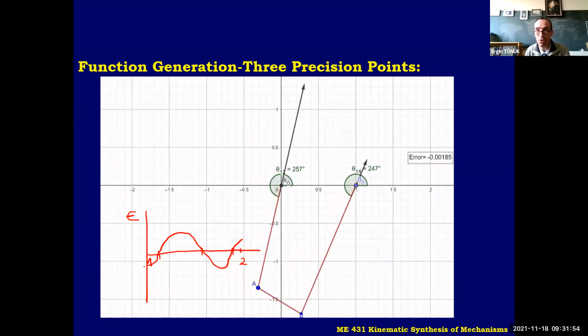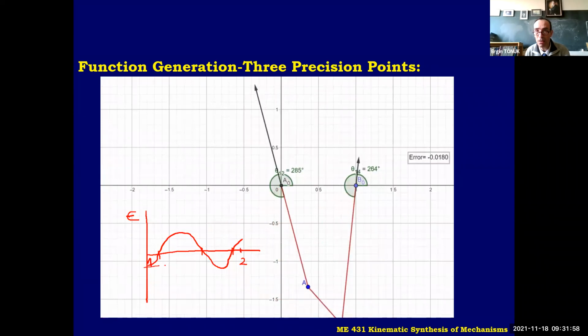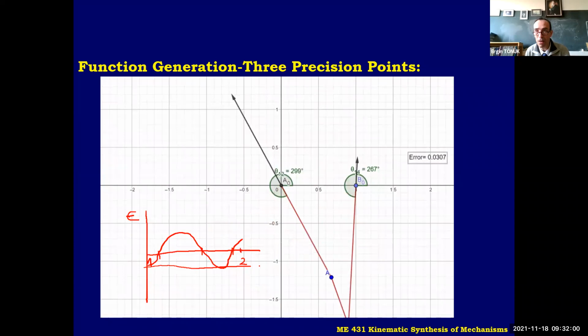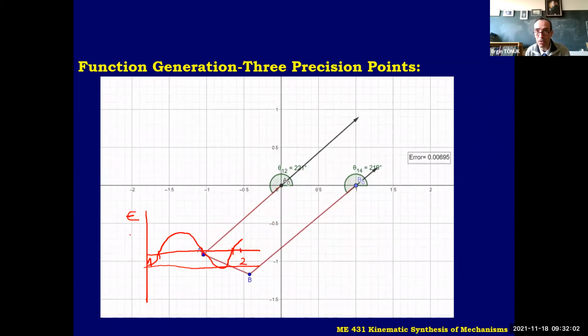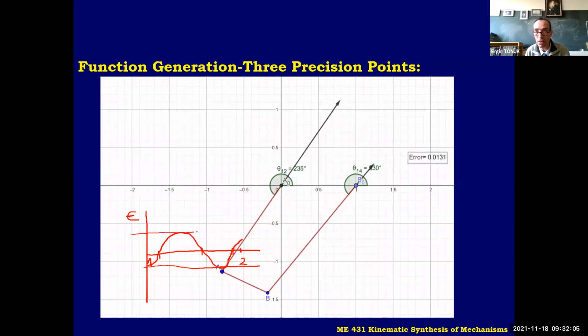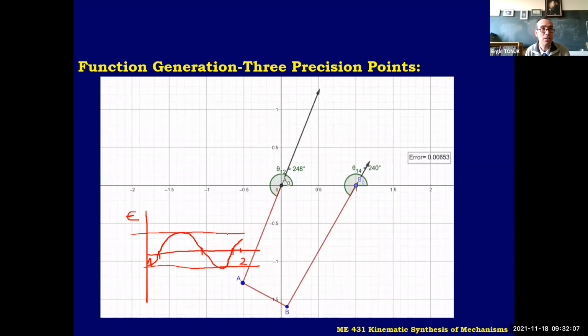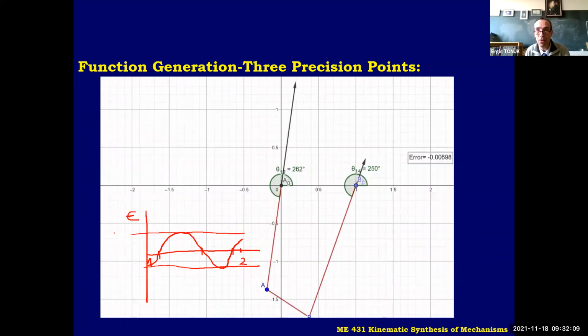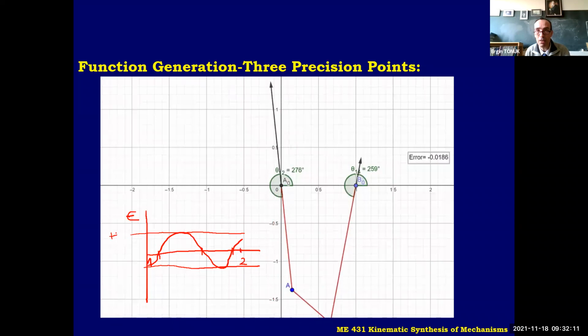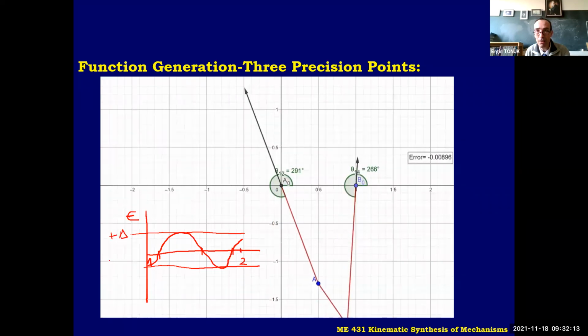Now, you can plot this. What can you do? You may try to make all these more or less the same. That is, this is, let's say, plus delta.